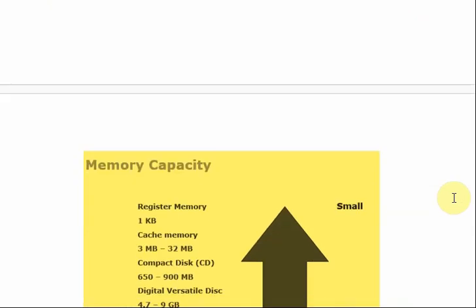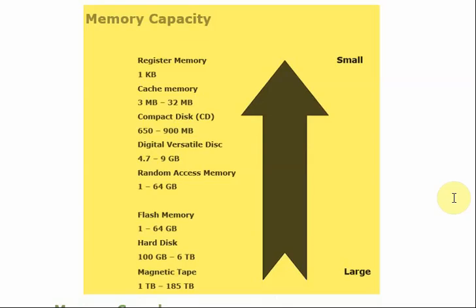And then when you consider memory capacity, from small to large, at least we need to remember the smallest unit, which is the register, and the largest, which is magnetic tape. Cache memory definitely has a small capacity.